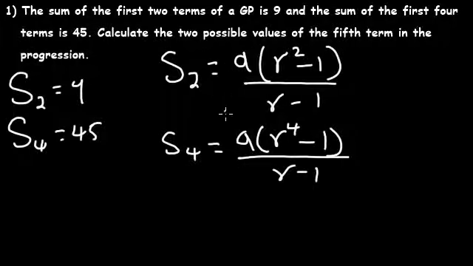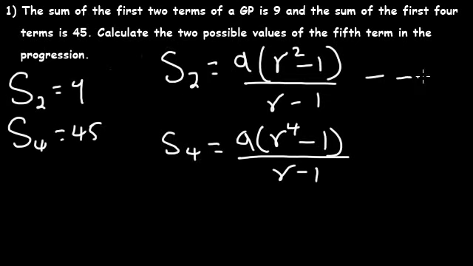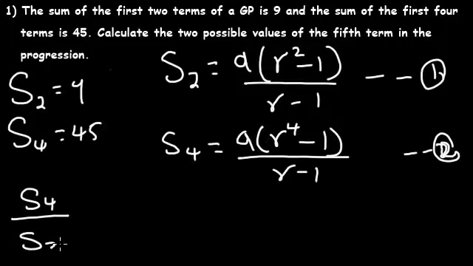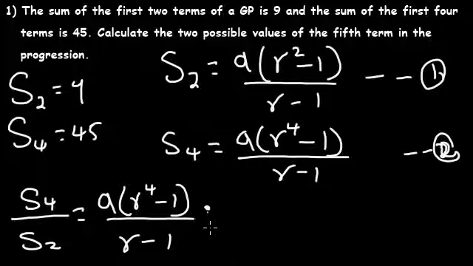Now for this to be possible, let's divide equation 2, which is S of 4, by equation 1, which is S of 2. Let it be equation 1, let it be equation 2. Now S of 4 divided by S of 2 becomes a multiplied by r raised to the power 4 minus 1 divided by r minus 1, then we have this division.